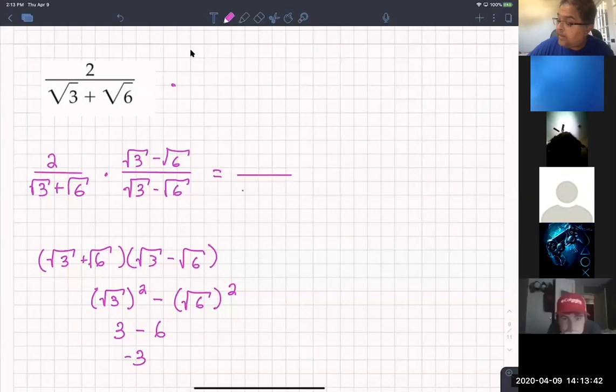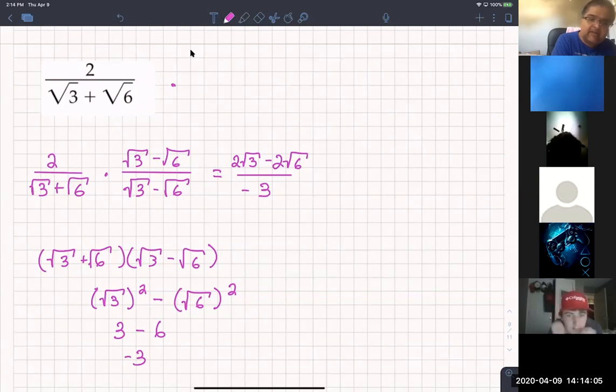Now the numerator, we just multiply across, so it's 2 root 3 minus 2 root 6. Okay. Now, in order to simplify this, what do we not like leaving in the denominator other than a square root? So we don't want to keep a square root, but also what else do we not like keeping in the denominator? The negative. Okay.